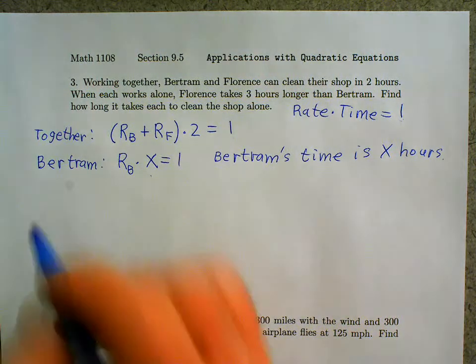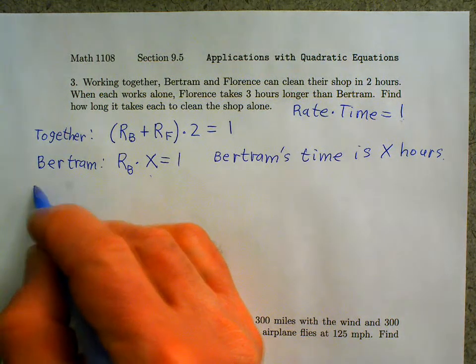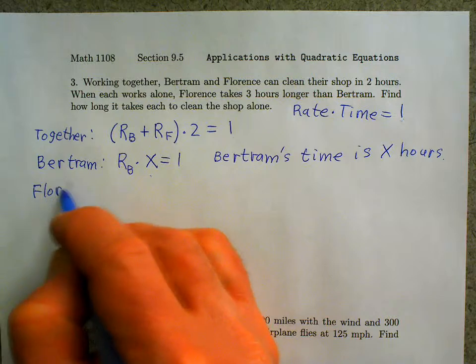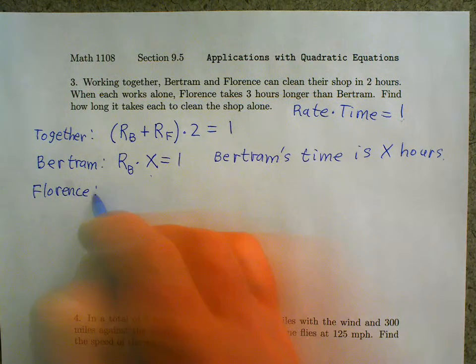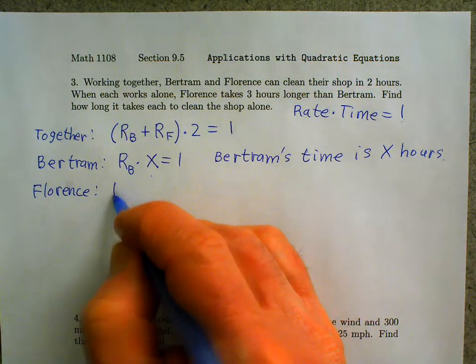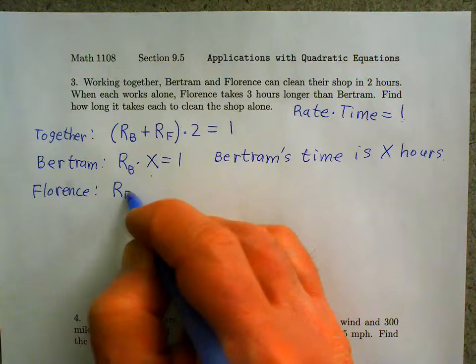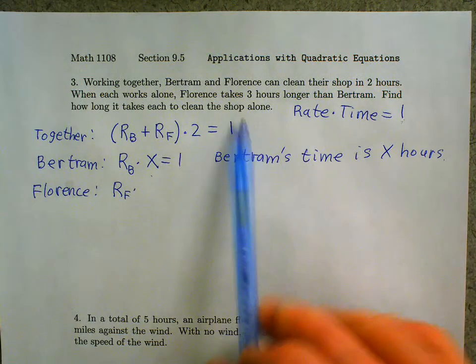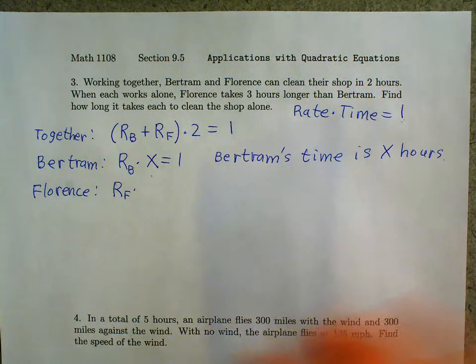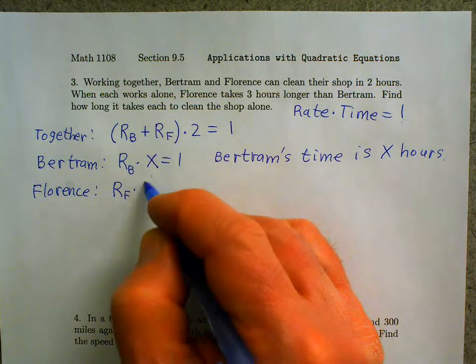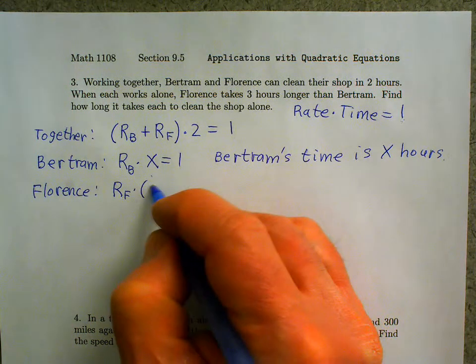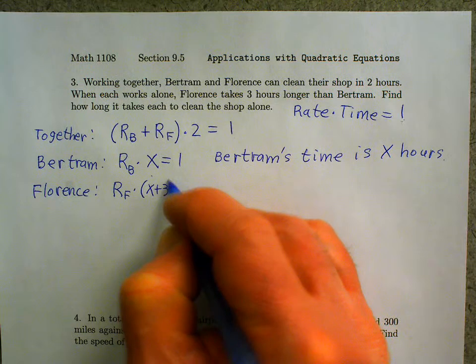And then an equation for Florence. So Florence works at a certain rate. Florence takes 3 hours longer than Bertram. So if Bertram takes X hours, the amount of time Florence takes is X plus 3 hours.